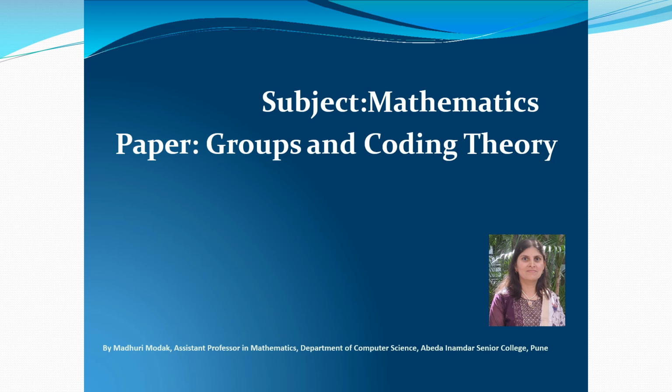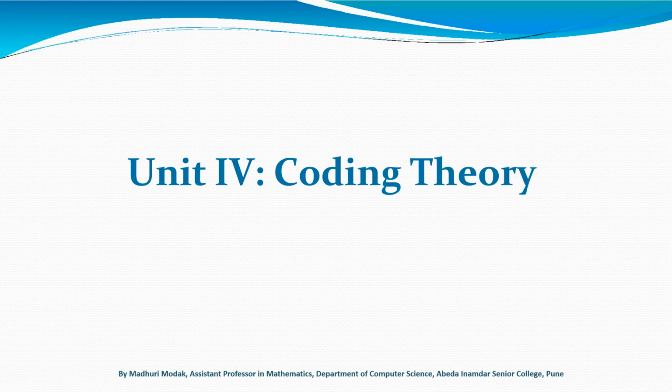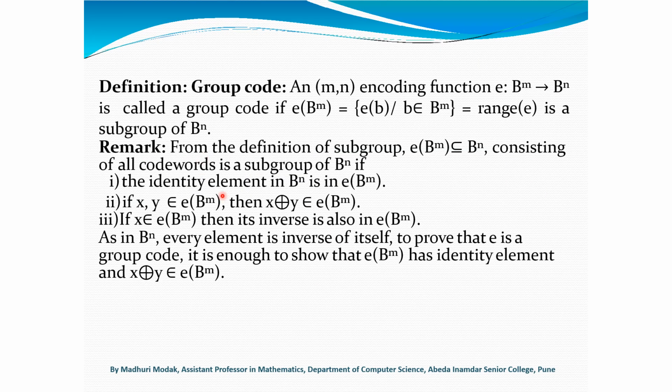Now, in groups and coding theory, we start with the last unit, that is coding theory. Now, next definition is of group code. An (m,n) encoding function E from B^m to B^n is called a group code if E of B^m, that is the range of E, the set of all images E of b for all b belonging to B^m, is a subgroup of B^n.